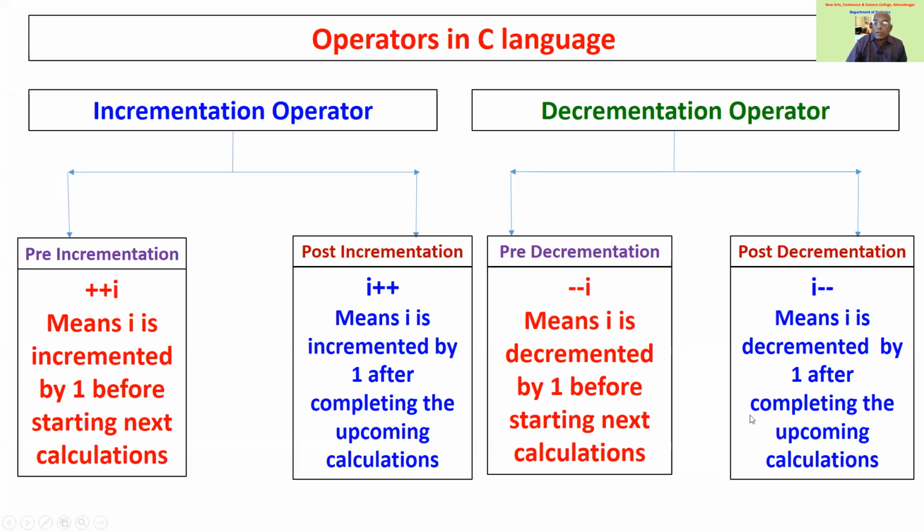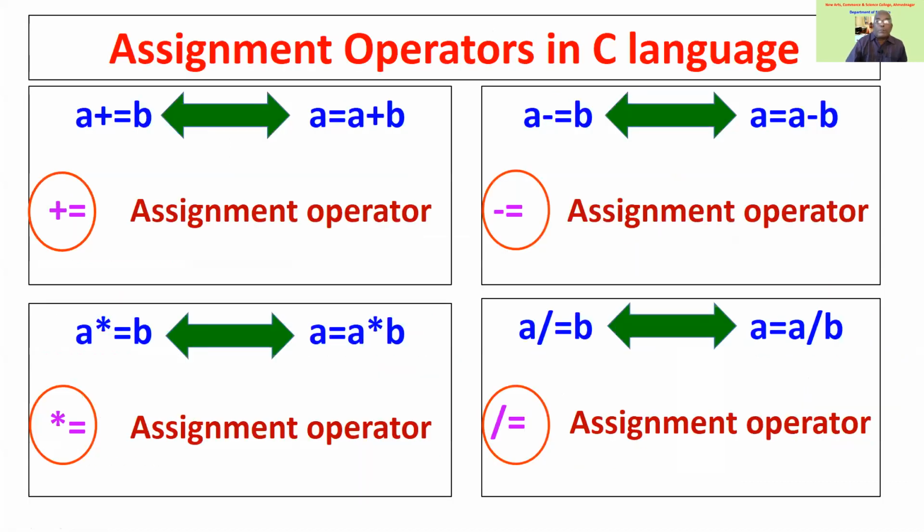So first you give priority to completing the set of calculations and then you decrement the value of I. So this is pre and post incrementation. You will understand these operators when we actually use them in the program. Okay.